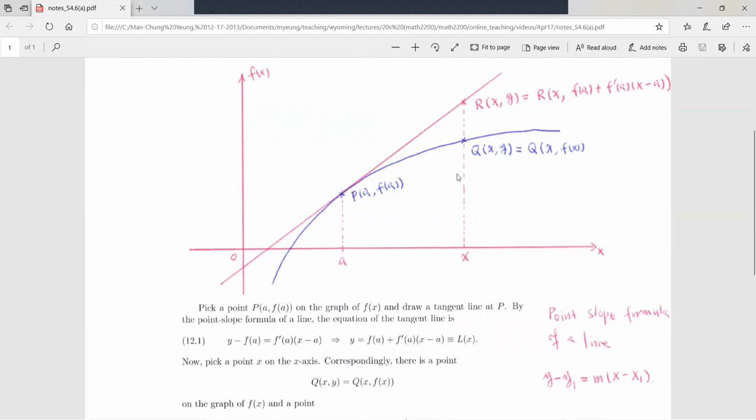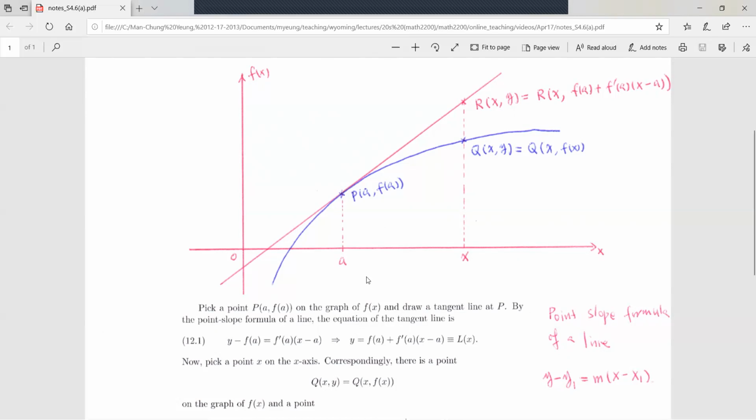Corresponding to this x, on the tangent line, there is a point R. Its y coordinate should satisfy the tangent line equation because R is on the tangent line. So the y coordinate is this.